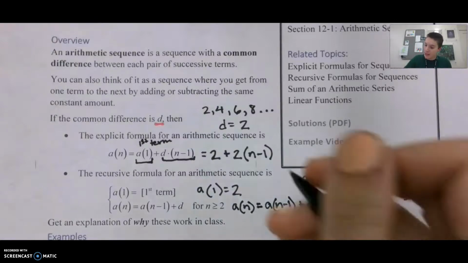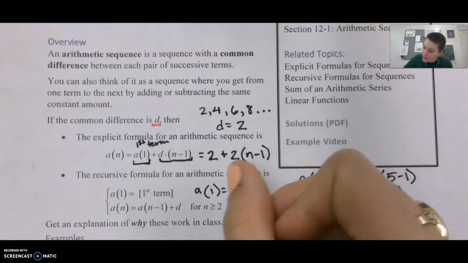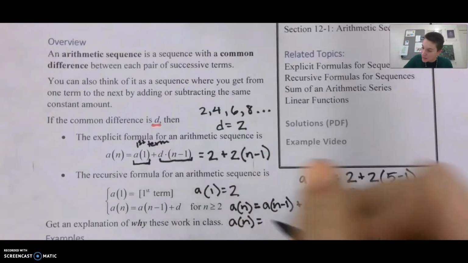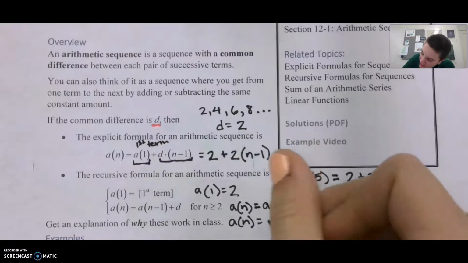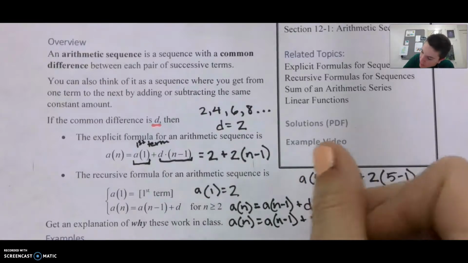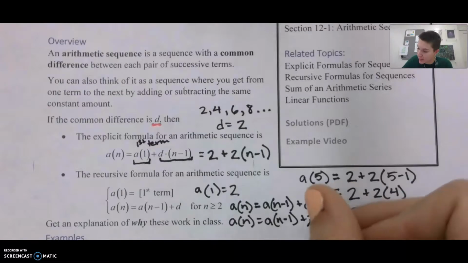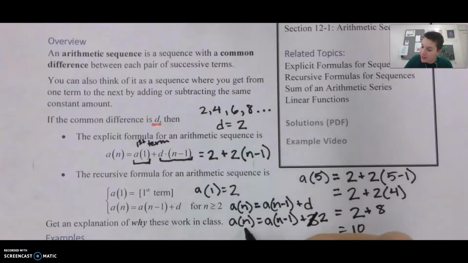So here, again, our A of 1 equals 2, our A of n equals A of n minus 1 plus 3. Oops, sorry, not 3, 2. Don't know where I got that from. So each term at place n equals that previous term plus our D, which is 2.